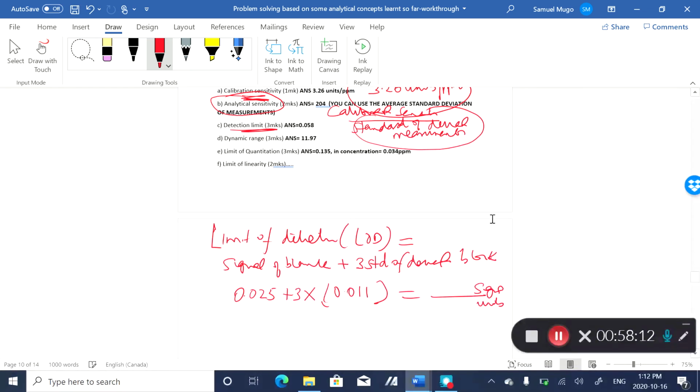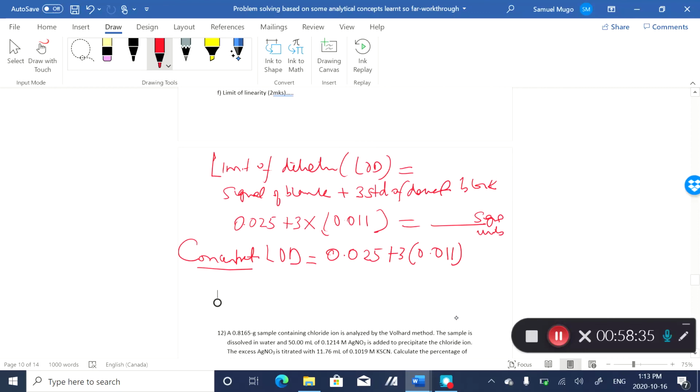If you've been asked to calculate the concentration limit of detection, what you're going to need to do is take the 0.025 plus 3 times 0.011, essentially these signal limits of detection, and then divide it by the calibration sensitivity, which is the slope.